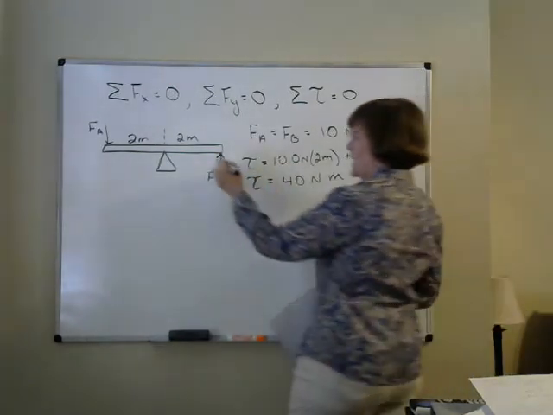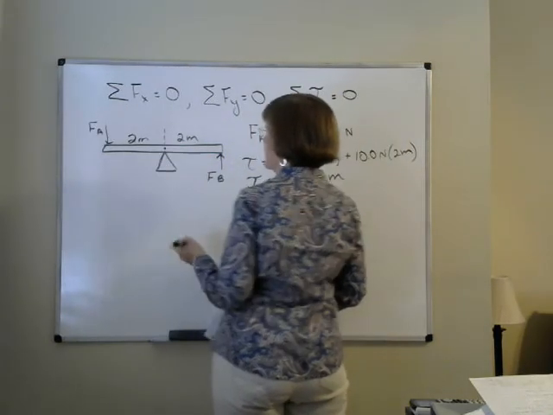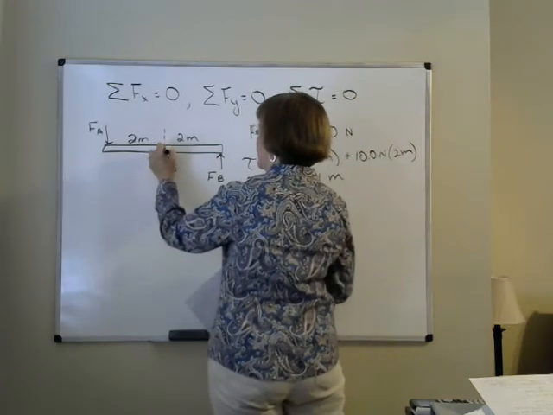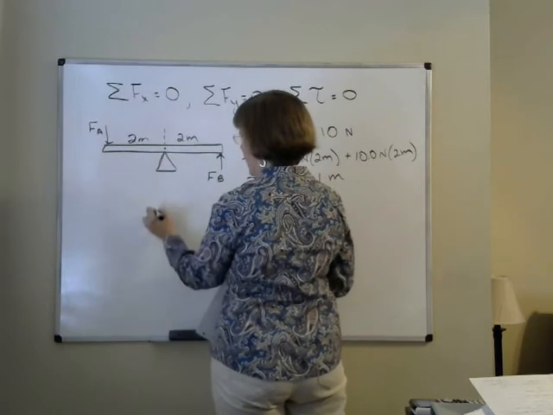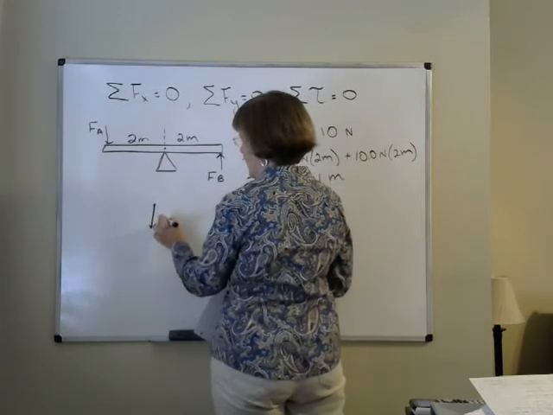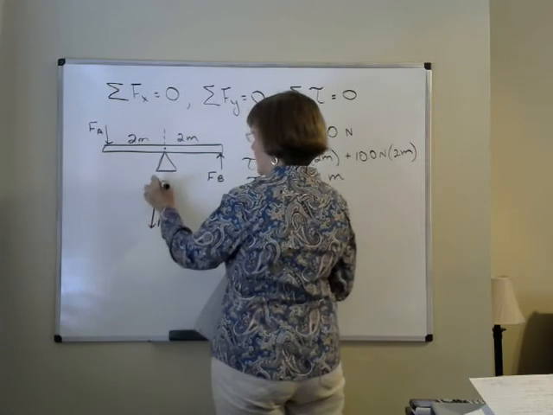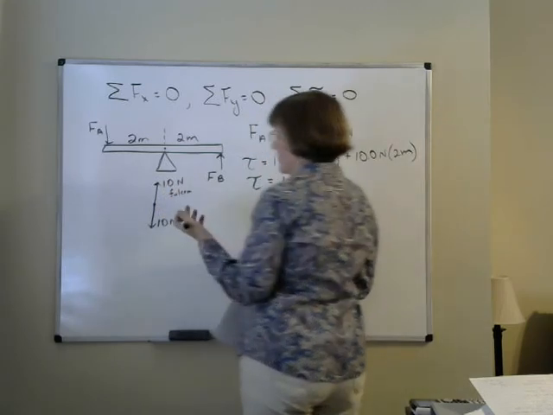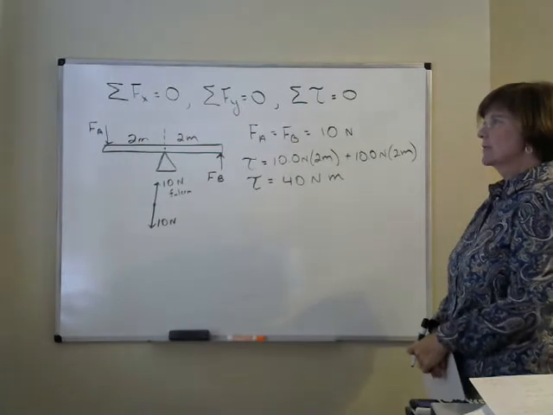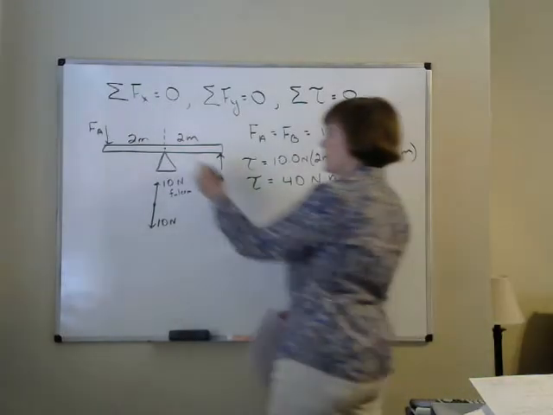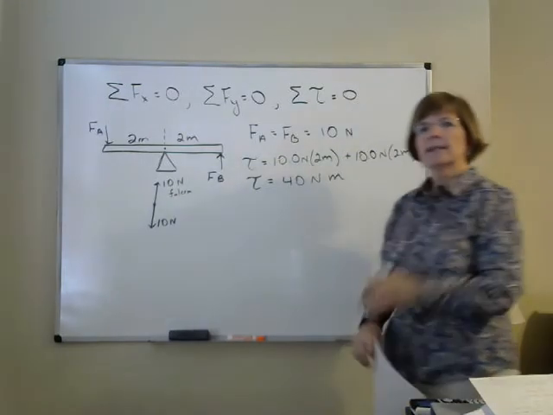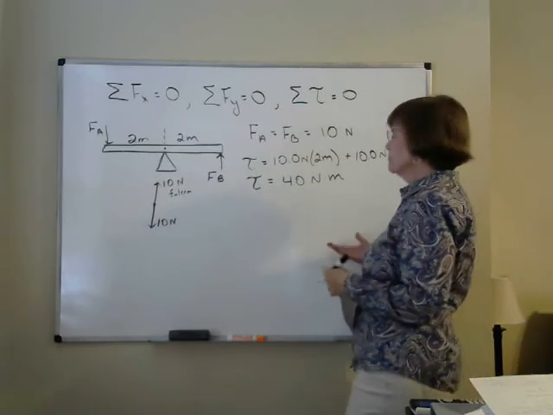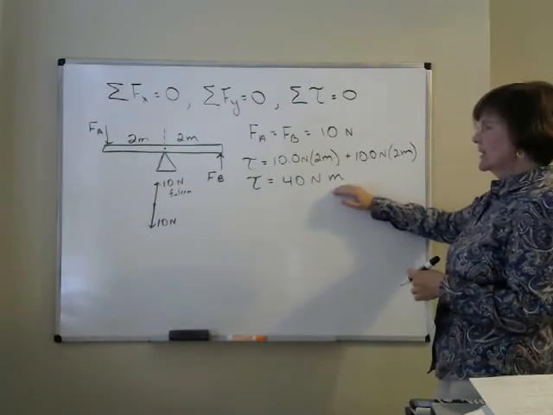Presumably, if the center of mass was here, and let's say that this really was a light board that weighed 10 newtons, you would have also, right here, 10 newtons pushing down due to the weight of the board, and 10 newtons pushing up due to the fulcrum. That'd be balanced. Those two don't exert any torque because they're both located right at the point of rotation. The center of mass of the board is going to be at that pivoting point. So, but anyway, you can see you're not in equilibrium.